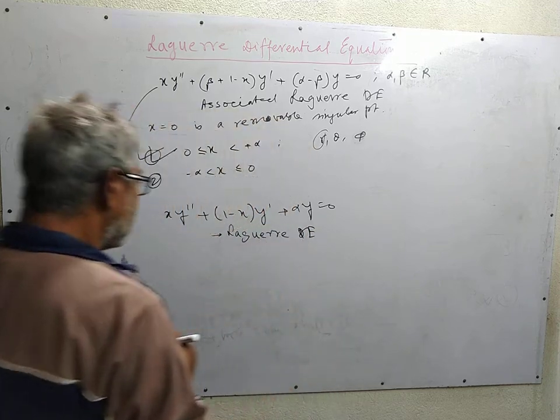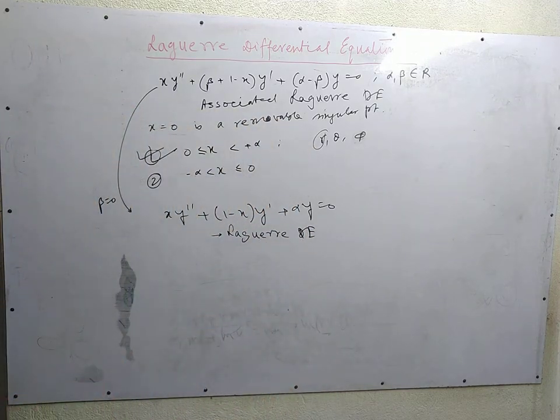And in general, as we shall show afterwards, the solution for any real alpha value diverges asymptotically, and the finite or physically acceptable solution of this differential equation is what we seek.